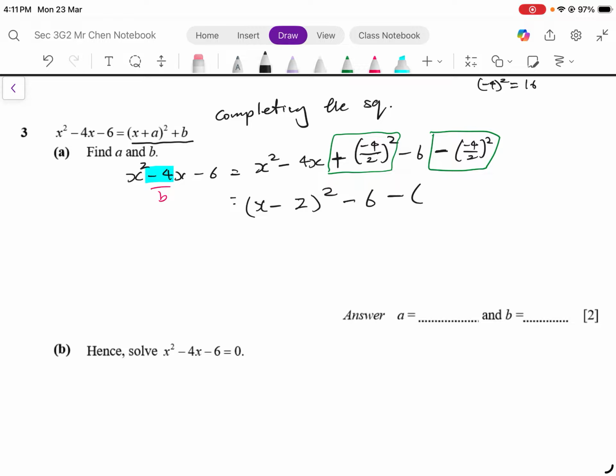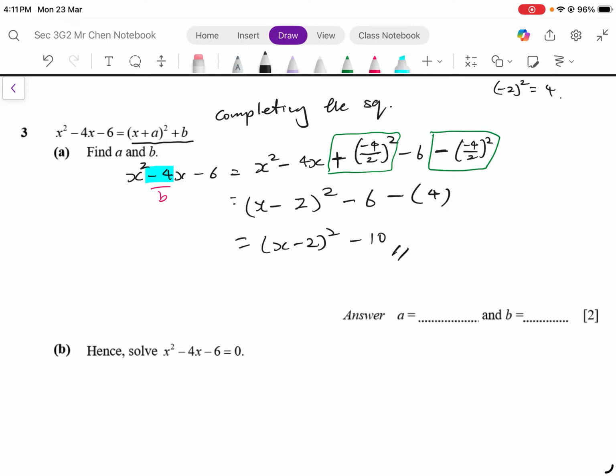So it's 16 divided by 4, minus 2 squared, 4. Alright, so you get x minus 2 squared minus 10.